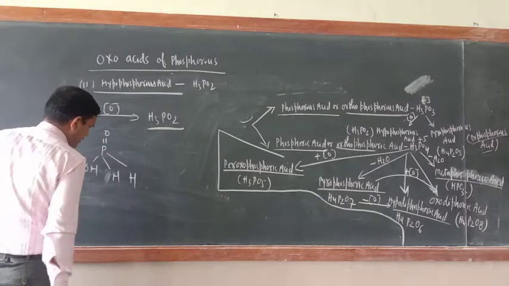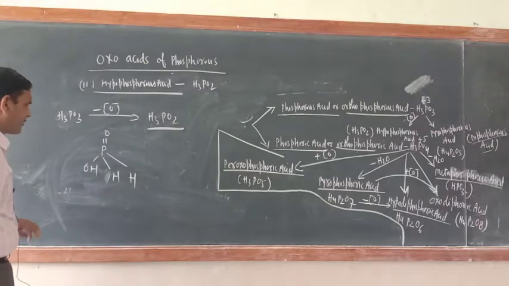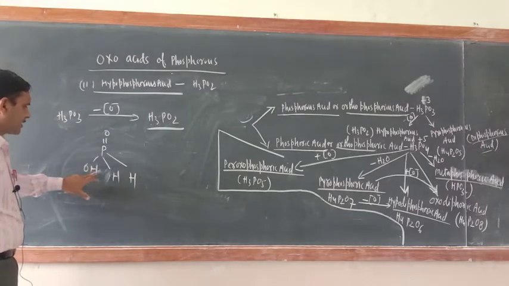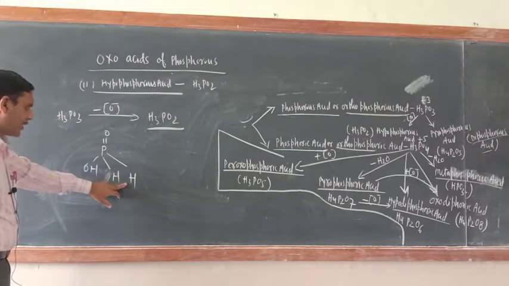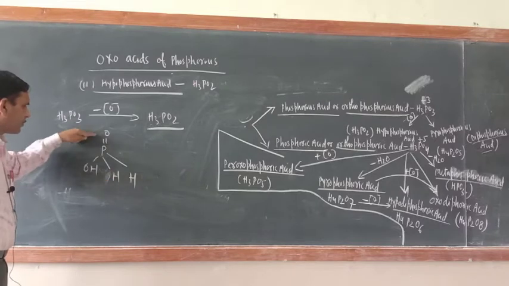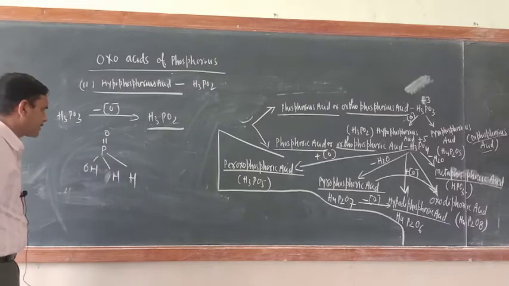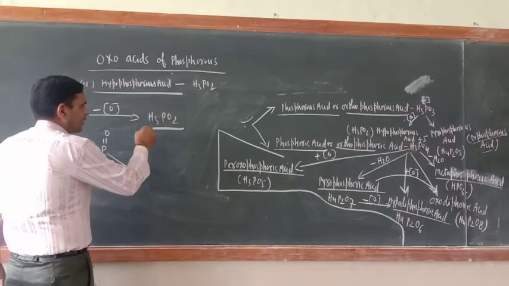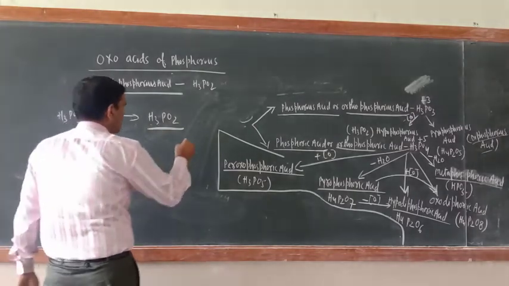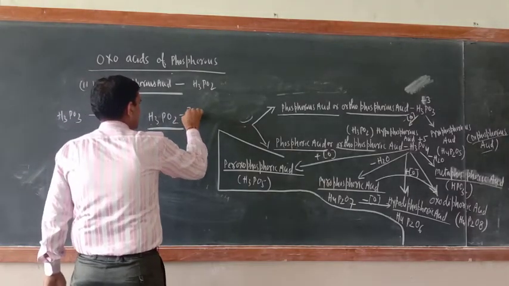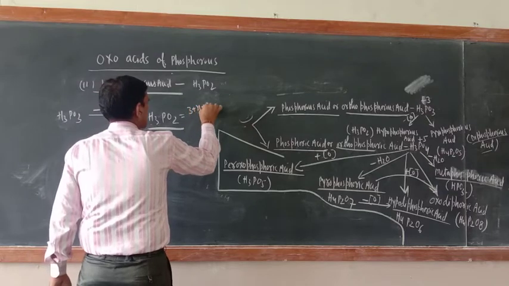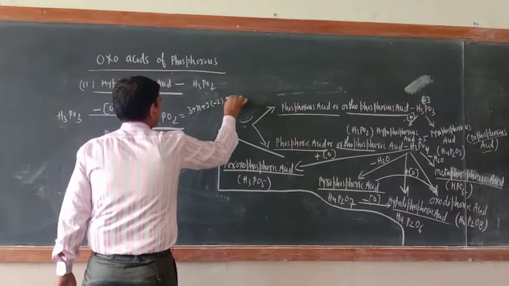Now here H. Just check: 3 hydrogen, 2 oxygen, 1 phosphorus. Oxidation state you can calculate here only. 3 plus X plus 2 times minus 2 equals 0.